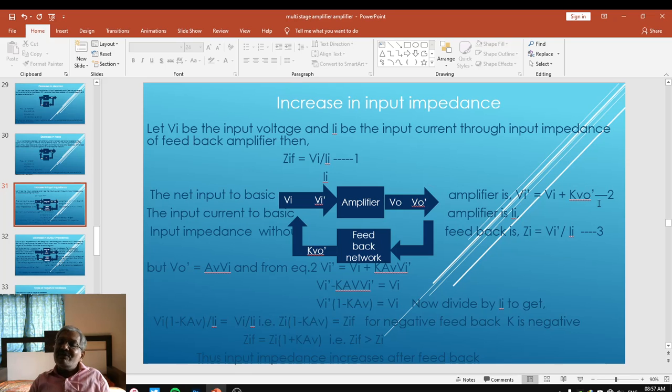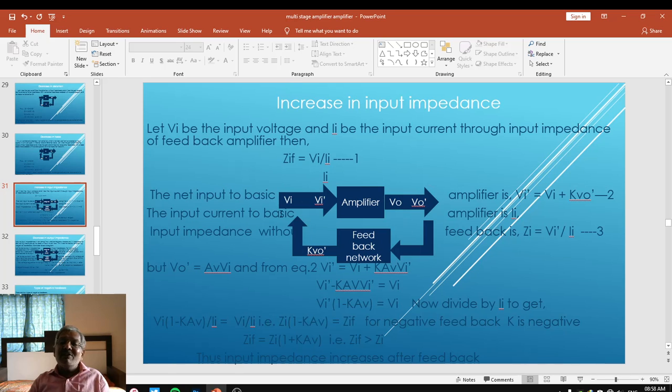Friends, this is the concept which we have already studied at the beginning of this topic, when we studied the general theory of feedback. Vo dash is the output voltage, and part of it, K times Vo dash, is the feedback voltage.